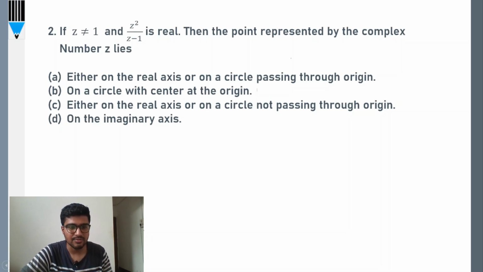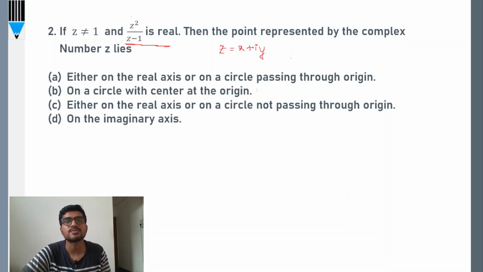So the main information given is that z square by z minus 1 is real. As we know, z equals x plus I y, right?